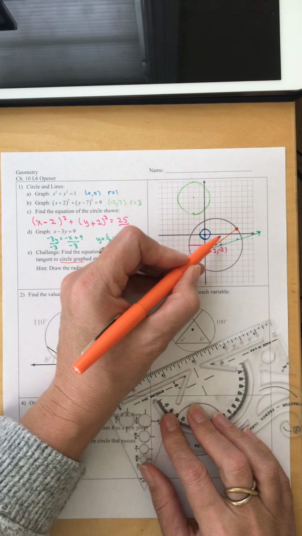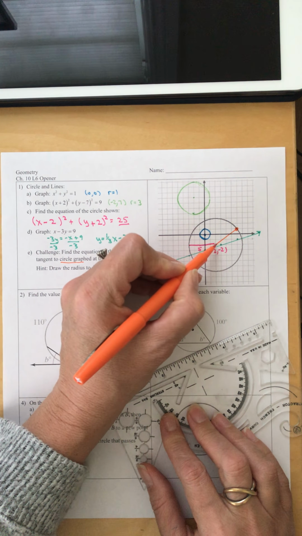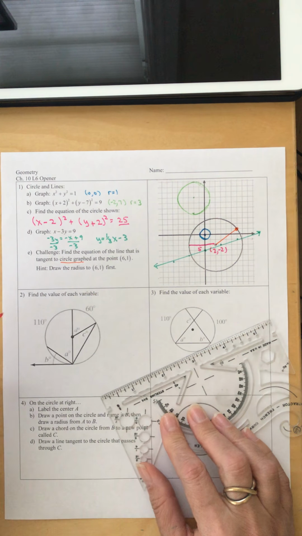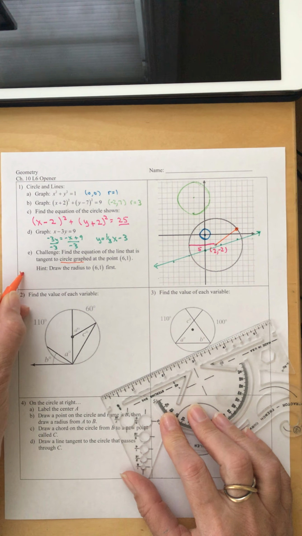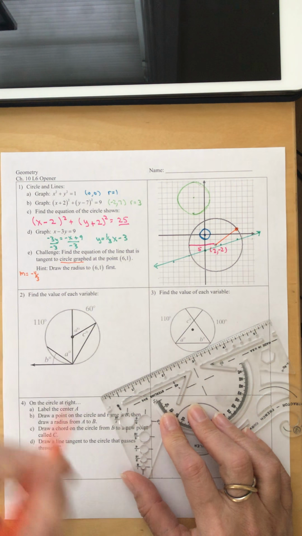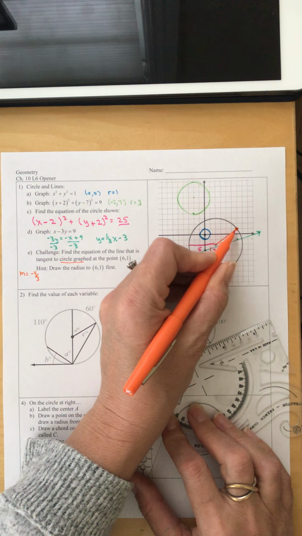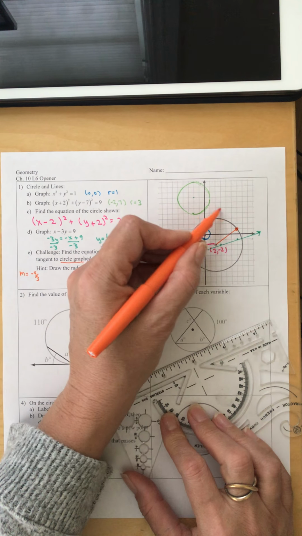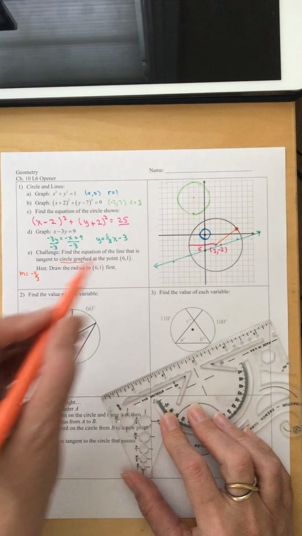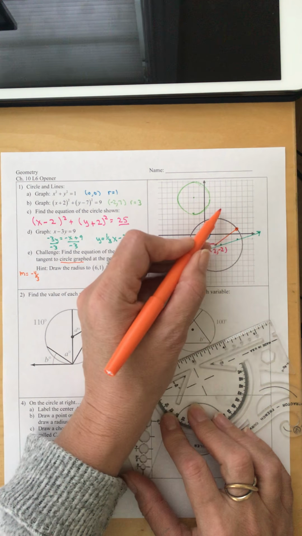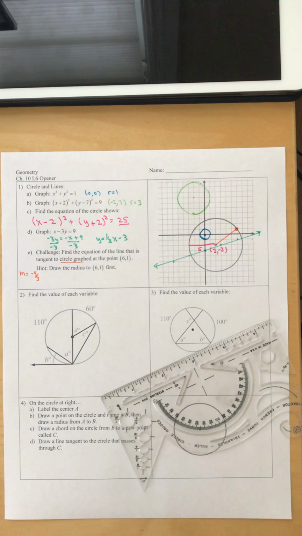So that's the radius, and the slope of that line is 3/4, which means the slope of the tangent line is going to have to be the opposite, so negative, and the reciprocal, so 4/3. Again, the slope of the orange line is 3/4, and the slope of the tangent line is going to be perpendicular to that. So if this slope is 3/4, then the tangent slope would be -4/3.